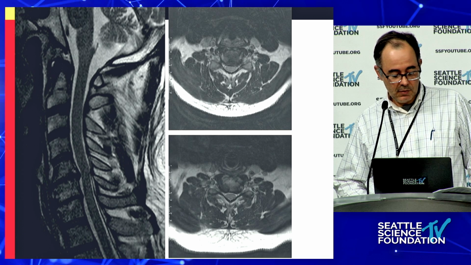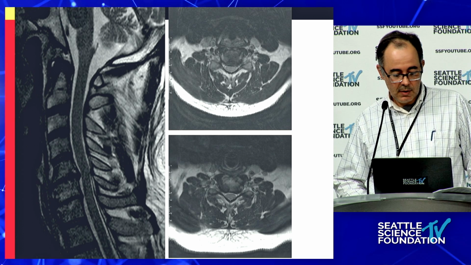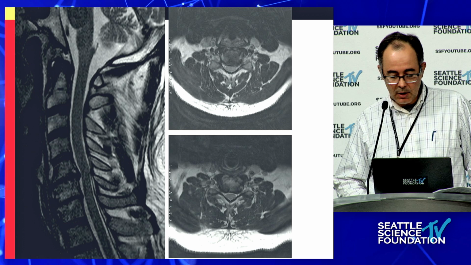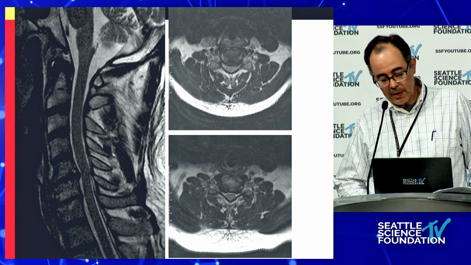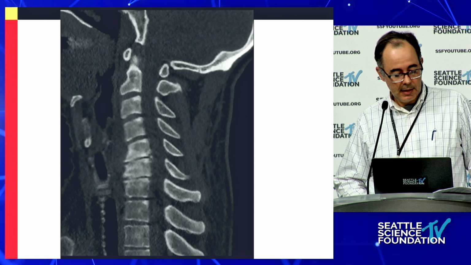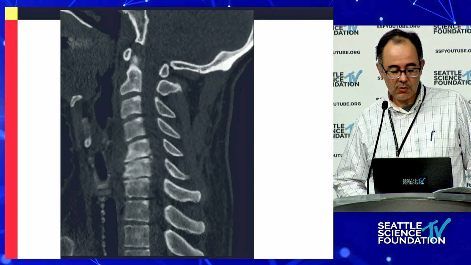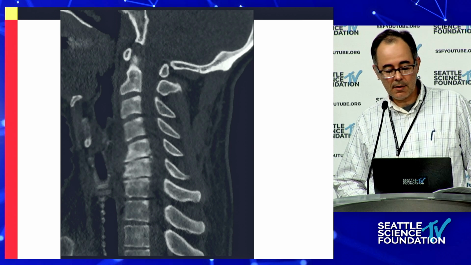He did have a significant amount of arthritic disease. The facet joints were not terrible, but there was very severe disc space collapse, almost complete ankylosis of the disc spaces.